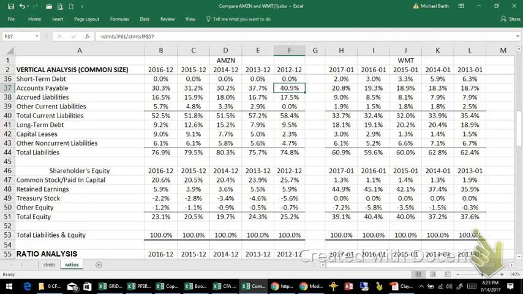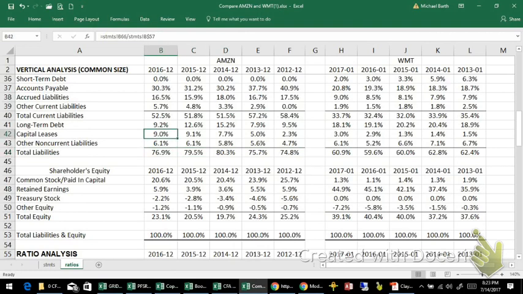So they dropped a considerable distance. The total current liabilities, that's probably the major contribution towards reducing that from roughly 58 to 52%. Total liabilities was about 75%, and it's slightly higher in the last few years.